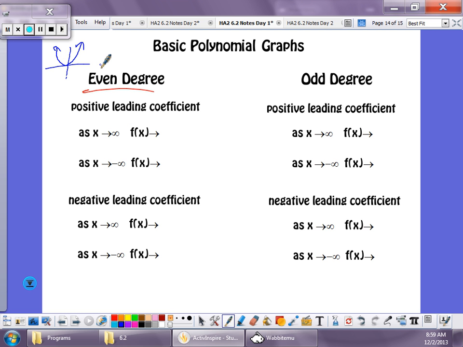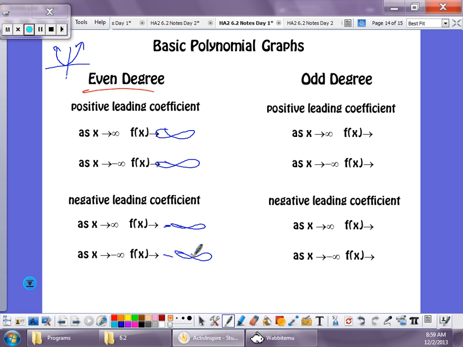As x goes to infinity, where's f of x going? Infinity. And then again, at negative infinity, we're still going to infinity. Okay? With our negative leading coefficient, the sign changes. So now we're going to negative infinity and negative infinity. The sign just changed.